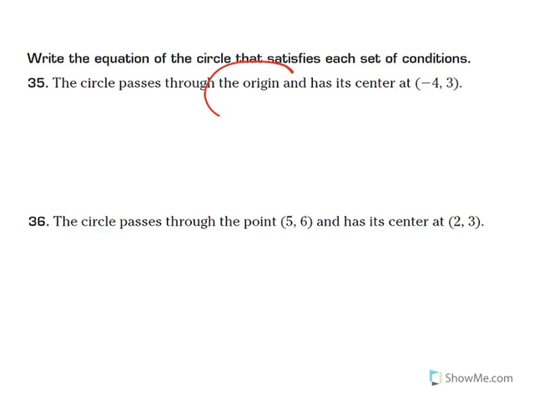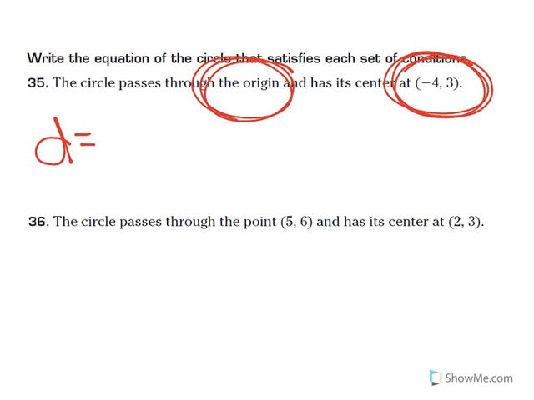Circle passes through the origin and a center. I'll give you a hint. We did this in a warm-up. You want to find the distance between 0, 0 and negative 4, 3. That's going to give you your radius. So your distance is equal to your radius, and that's equal to whatever you get from the distance formula.